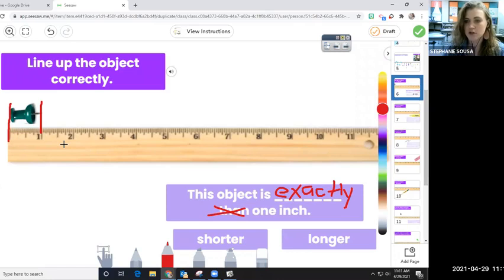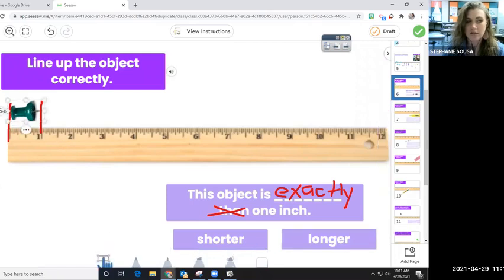And that's how you measure an object. Questions on that one? Does everybody understand how to turn the object with that rotation arrow symbol? Make sure when you turn your object, you have it directly straight, parallel, flush with the ruler, and you have it lined up at that 0 mark.